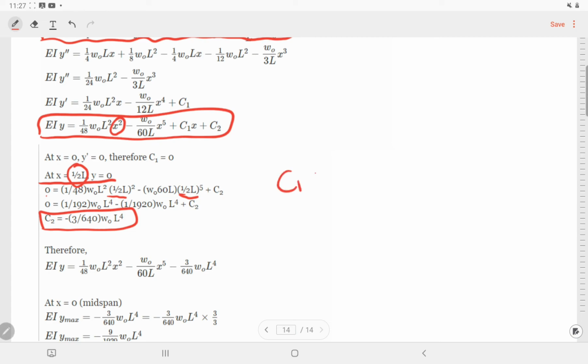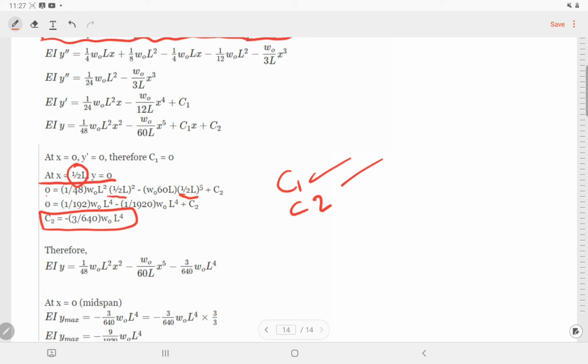Because we have c1 and we have c2, we can put c1 and c2 in this equation. Again, we said c1 is 0, and we have c2, which is this number.